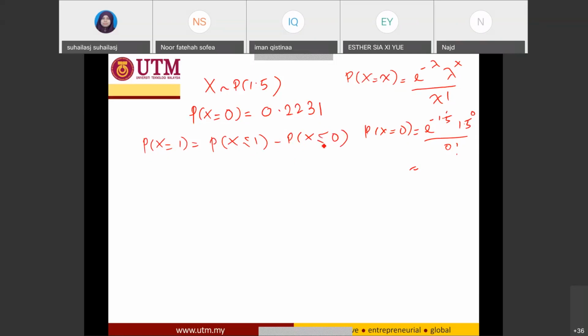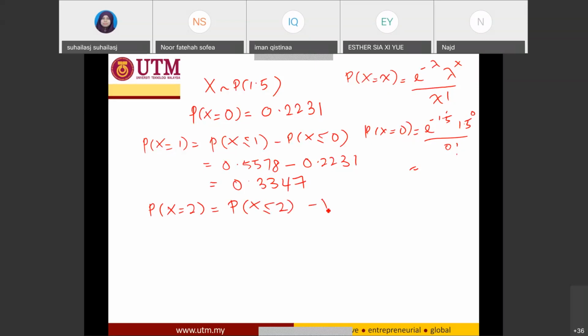So you will have 0.5578 minus 0.2231, which gives 0.3347. Then proceed to probability x equals 2. Cumulative: x less than or equal to 2 minus probability x less than or equal to 1.